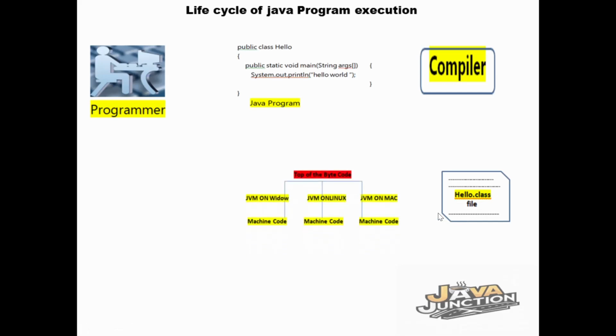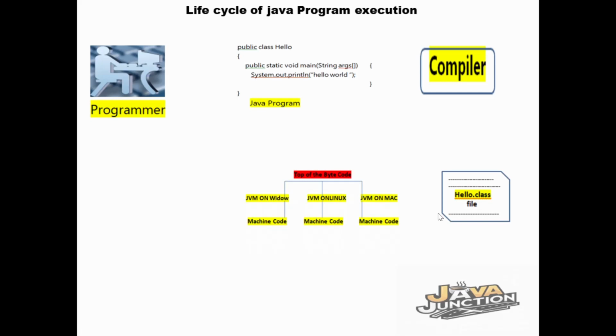So what are the advantages of this byte code? Suppose in my machine Windows is there, in your machine Linux or Mac is there. Whatever the operating system is there, it's not a matter. The main advantage of Java is it generates a byte code.